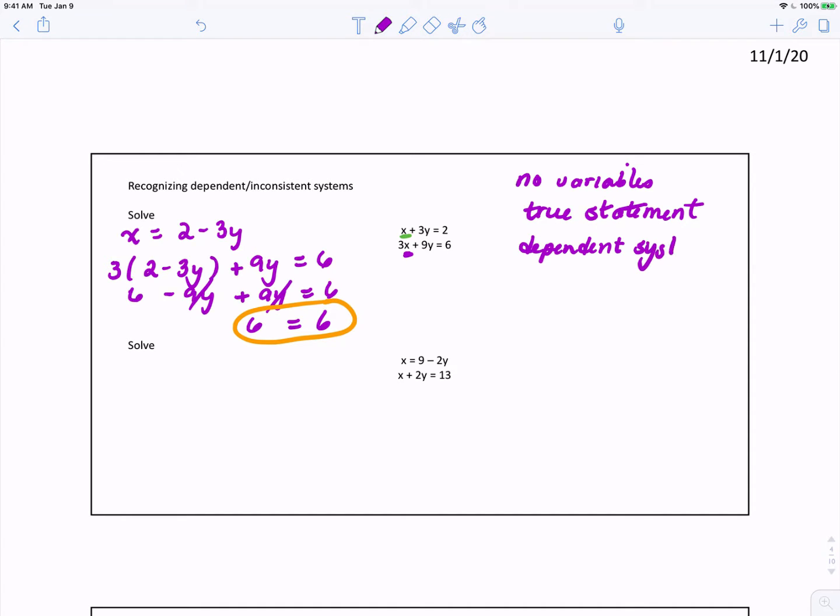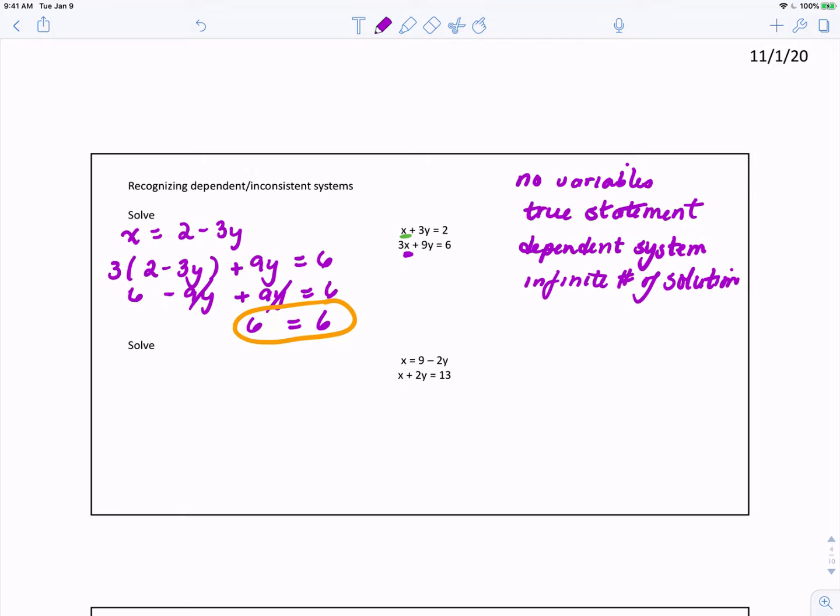Remember, that means that both of these equations, were you to graph them, would be exactly the same line. In other words, there's an infinite number of solutions. Any ordered pair that makes the first equation true will automatically make the second equation true.